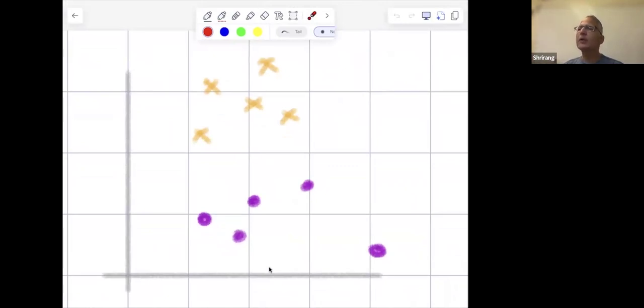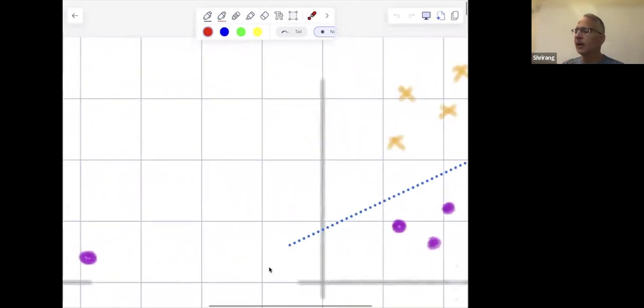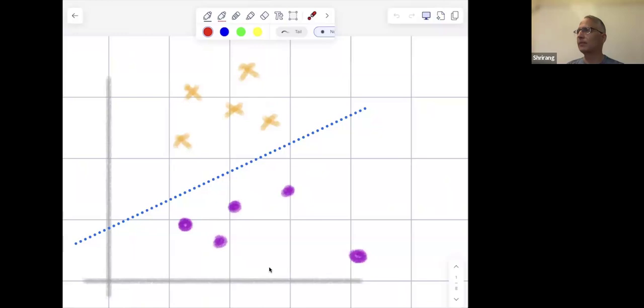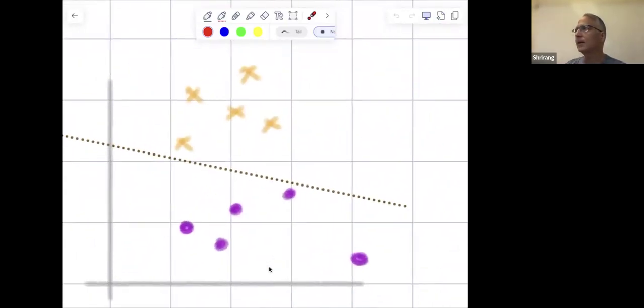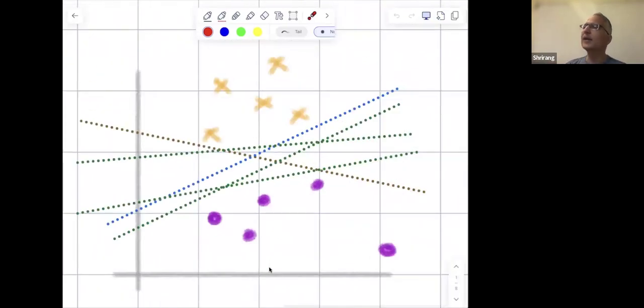So I'm trying to find the separating hyperplane, and sure, I can come up with one. But then I can also come up with another one, which is equally correct. I can actually have an infinite number of separating hyperplanes, all of which are correct for this data. And then the question is, is there some sense of one being better than the other? That's the motivation for SVMs. We're going to see there is in fact a way of defining the best hyperplane amongst all of these.